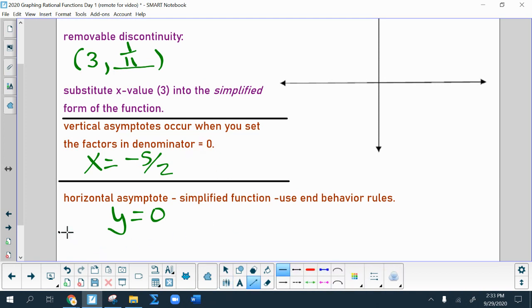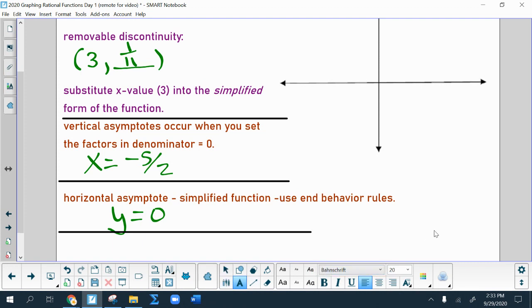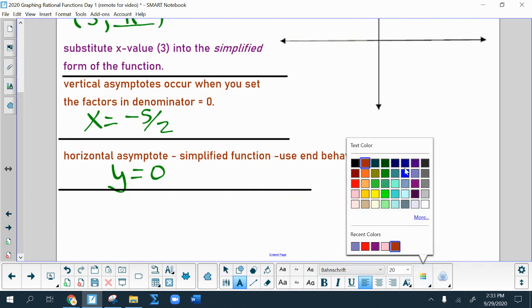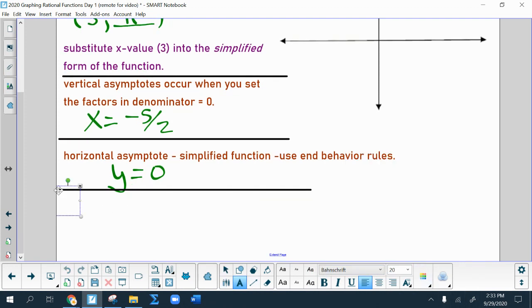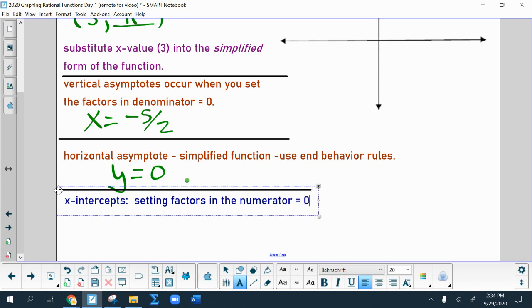I'm going through this problem really slow because I know that these can be really confusing. So I'm going slow, and then the next one I'm going to go significantly faster through. Now we want to find any x-intercepts. You find x-intercepts by setting factors in the numerator equal to 0. On this problem, we don't have any factors in the numerator, so there are no x-intercepts.